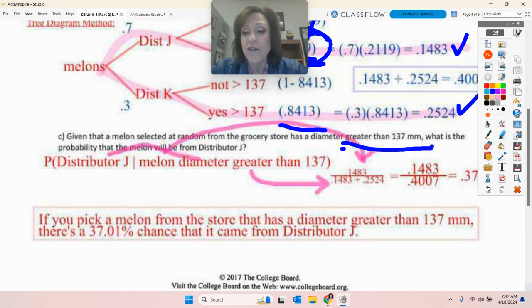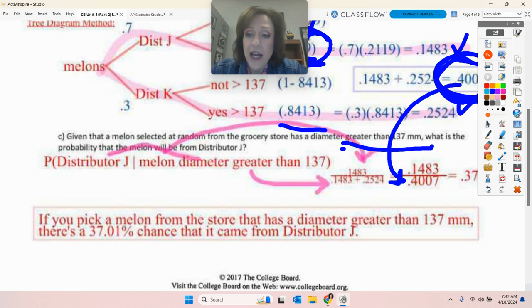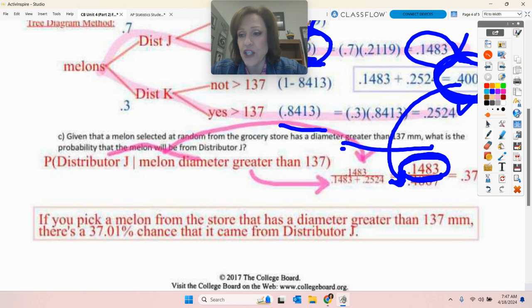So what they are looking for is that you bring your answer from part B down here as the denominator. So out of all of these, what proportion of those were from distributor J? So out of the total that were greater than 137, this is the part that was distributor J portion. So that was this piece out of the total.